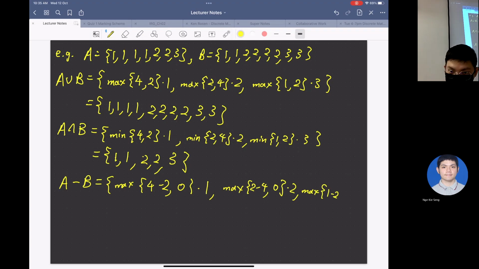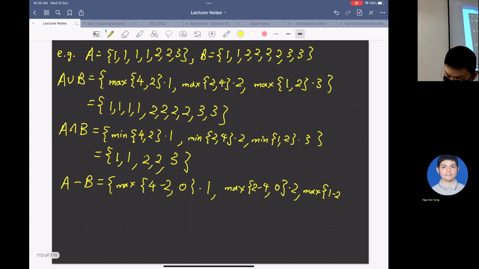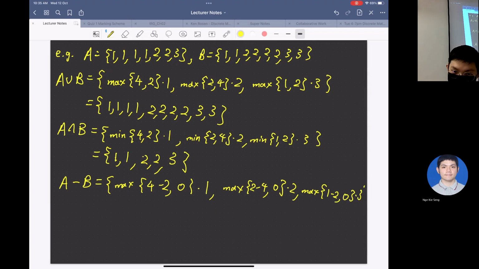Oh yeah, right, correct. 1 minus 2 or 0. Okay, very good. So maximum of 2 and 0 is 2. So it got 1, 1. Minus 2 minus 4 is minus 2, maximum is 0. No 2. So 1 minus 2 is minus 1, maximum 0, also no 3. Okay.